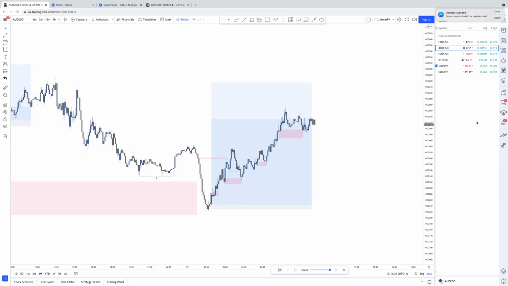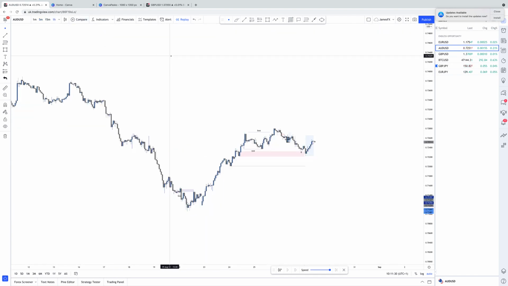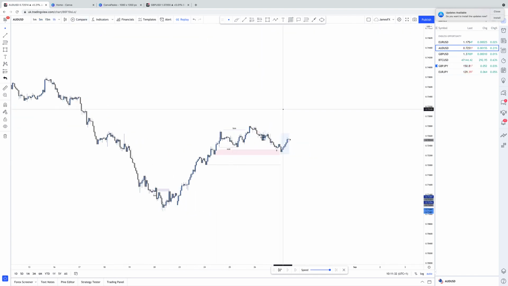So I'm just going to do a video on AU, and I think it'll bring a lot of value. So yeah, I'm going to get into this trade I'm in, so the hourly time frame. Now if you go into Discord and see what I was looking at, I posted this into there.